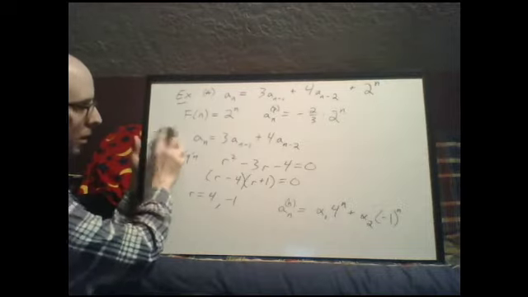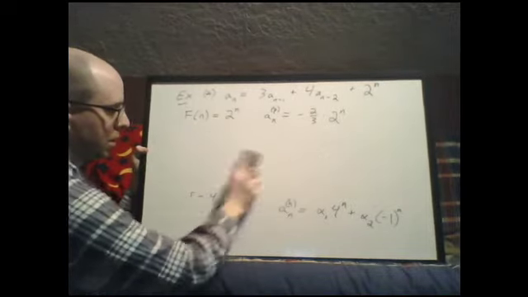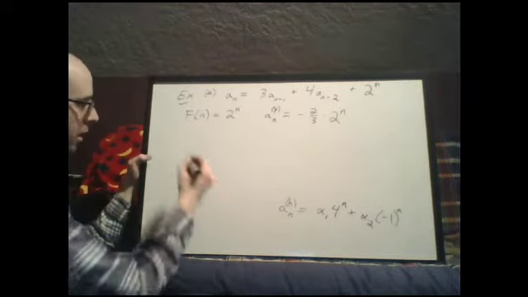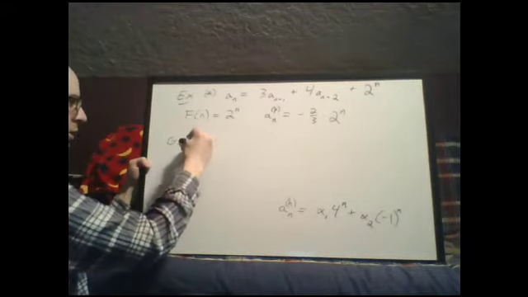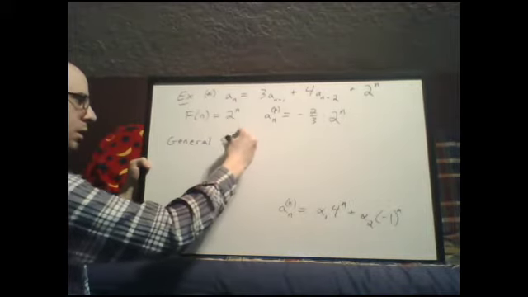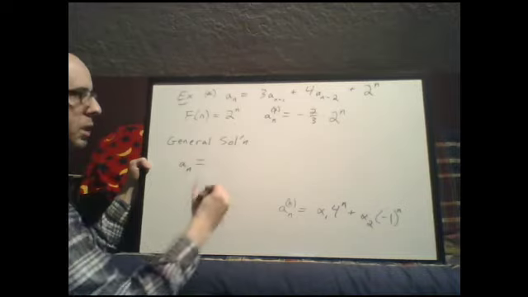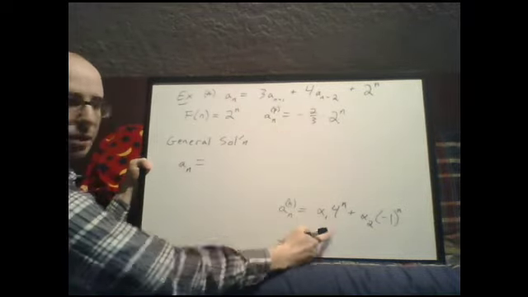Okay, so now let me write the general solution then. Our general solution to the non-homogeneous would be AN equals this plus this.